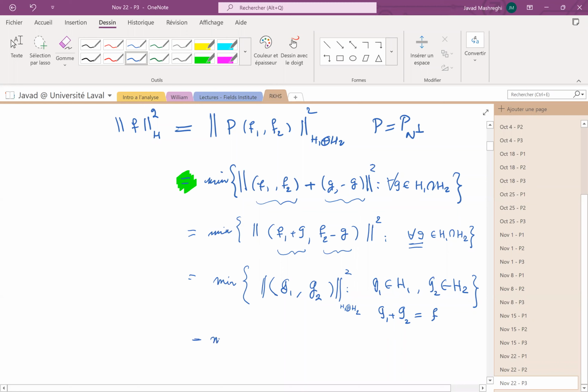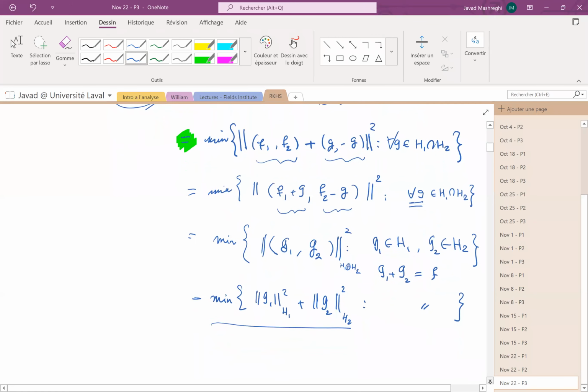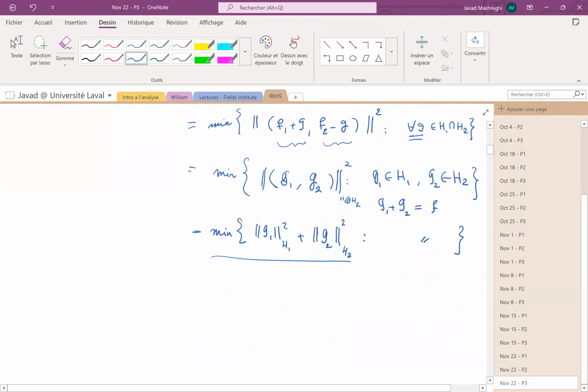We know that the definition of the norm here is the norm of the first element in H1 plus the norm of the second element in H2, with the same condition. So that is the relation between the norm of F and its representation. The representation which gives the minimal norm is the best one. But now there is a very important observation.